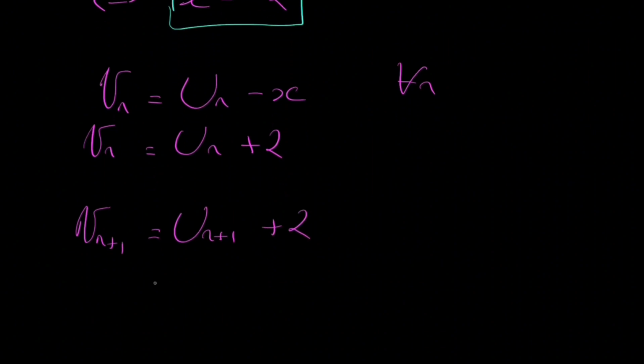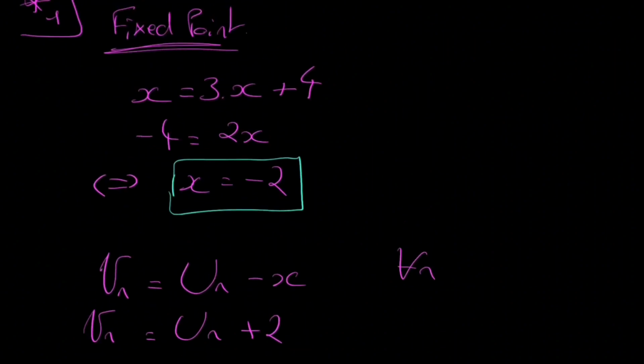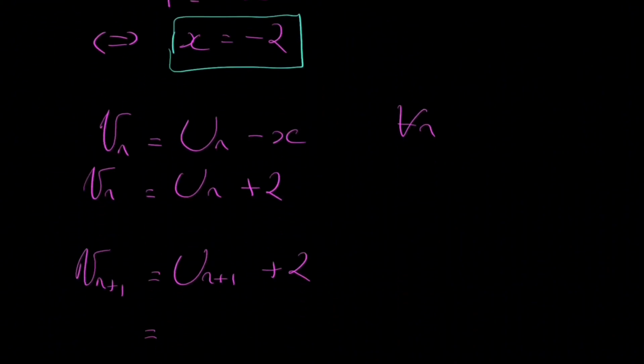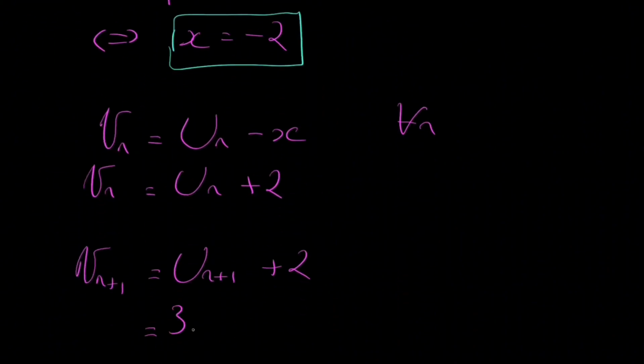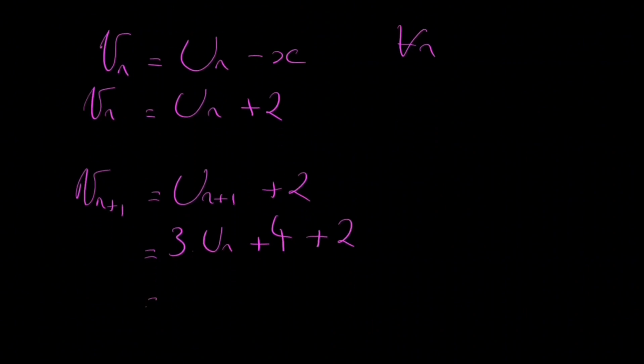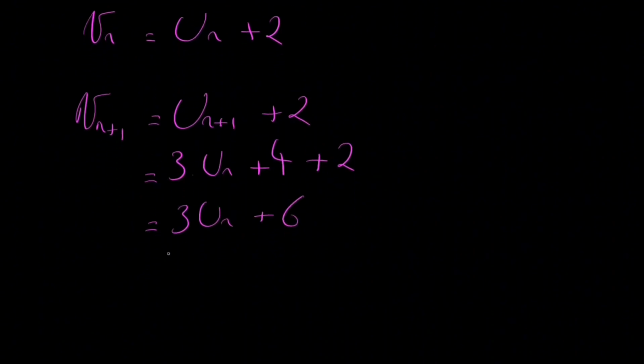We said it is equal to 3 times u_n plus 4, plus 2, which is 3u_n plus 6. Let's factorize by 3: it is equal to 3 times (u_n plus 2).